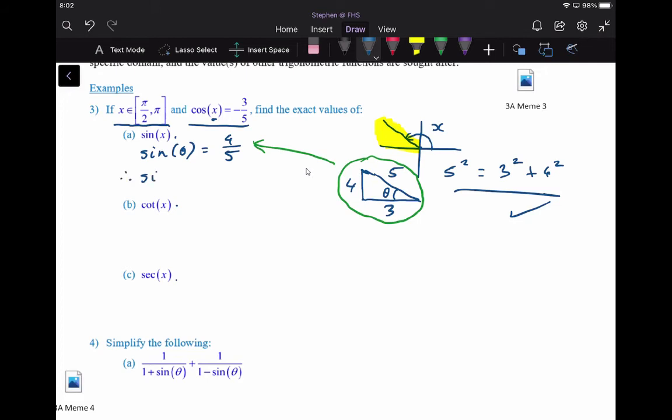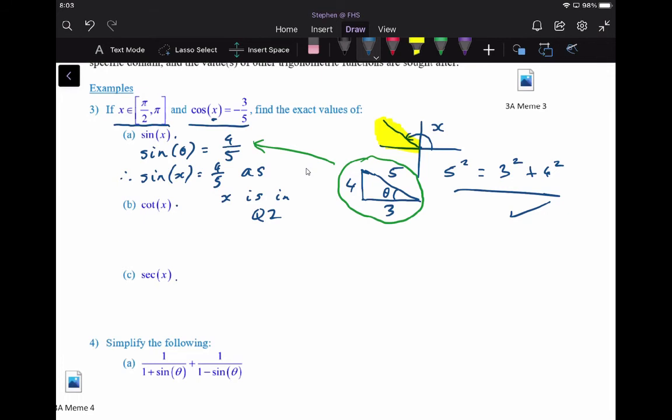So we could say, therefore, sine x would be the same thing, 4 on 5, as x is in quadrant 2. Okay, so if we were in the third or the fourth quadrants, for example, then we would say sine x equals negative 4 on 5. So basically what you've got to do is use the theta triangle, this green highlighted one over there, use that triangle to get just the value of the fraction, and then use the quadrant that x exists within to get the sign of it. And when I say sign, I mean positive or negative.